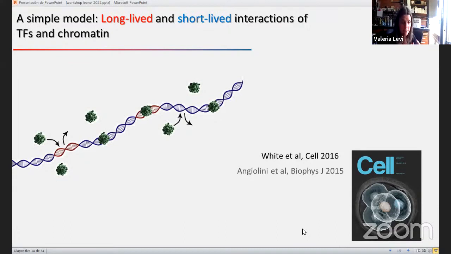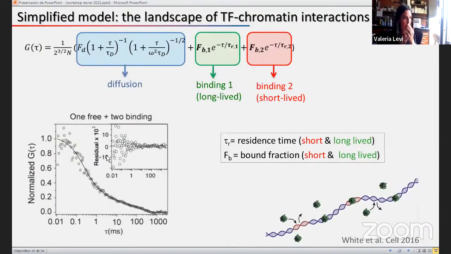And by doing control experiments that I don't have time to show you today, and some simulation, we could determine that the correlation curve of this transcription factor can be interpreted considering a model in which the TF binds to DNA in two different time scales, long-lived and short-lived interactions. This model is contained in this equation. You can derive this equation from this model. This equation fits the experimental data correctly.